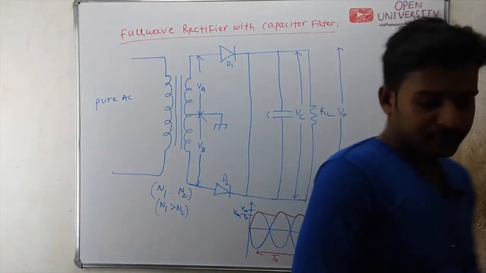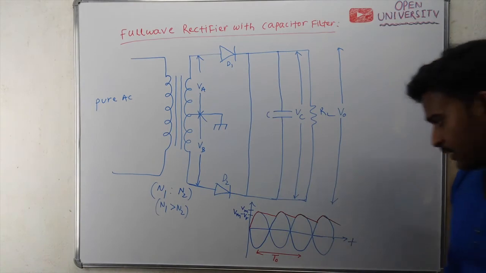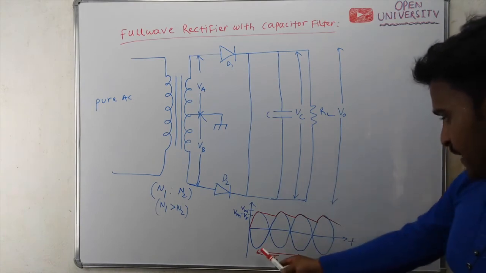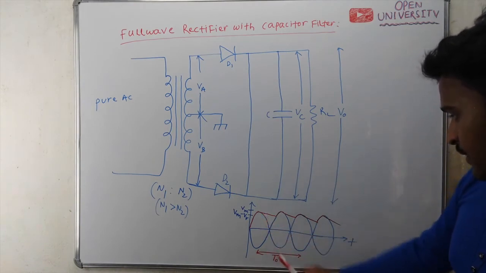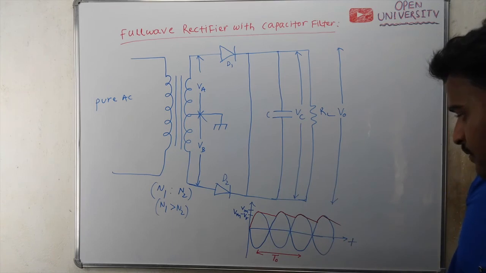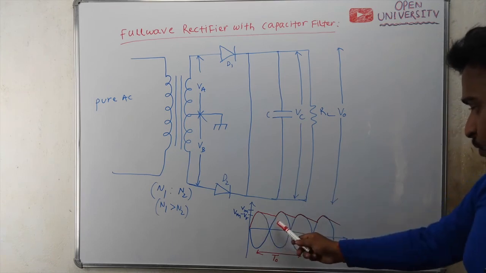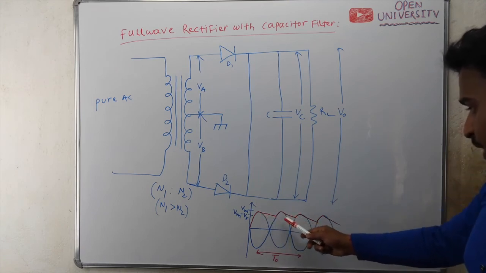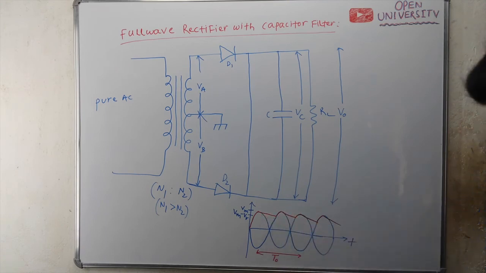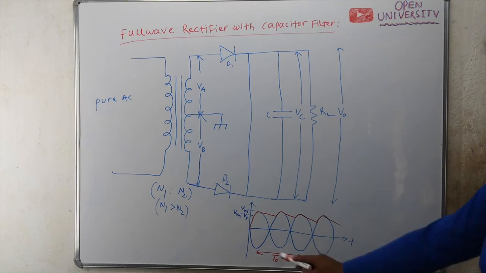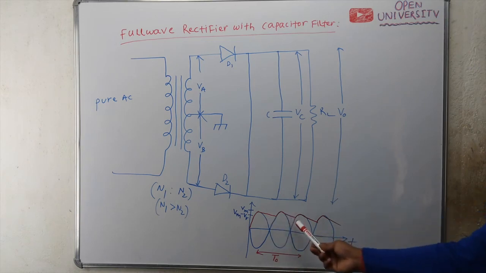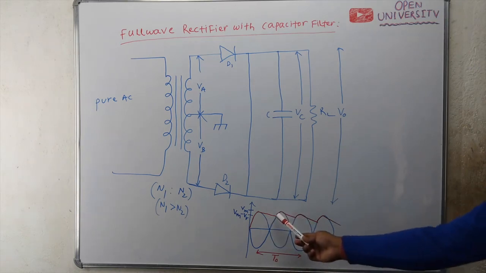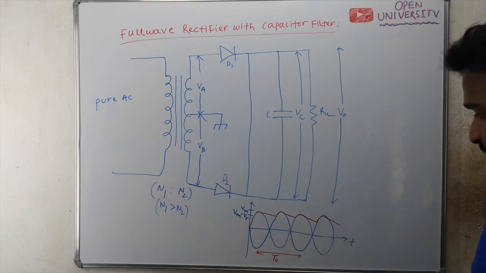In this time period T0, the capacitor will discharge 2 times and charge 2 times.